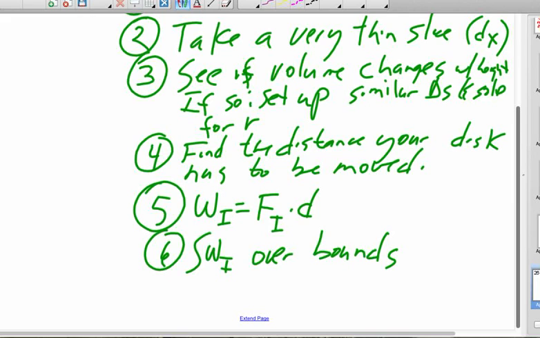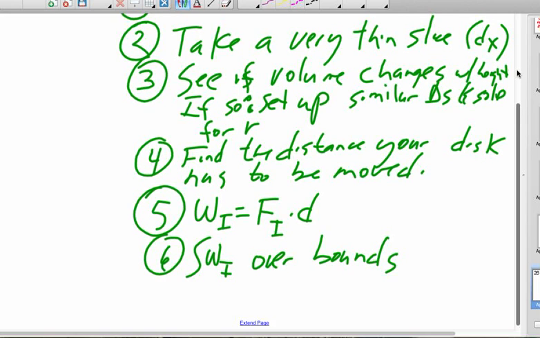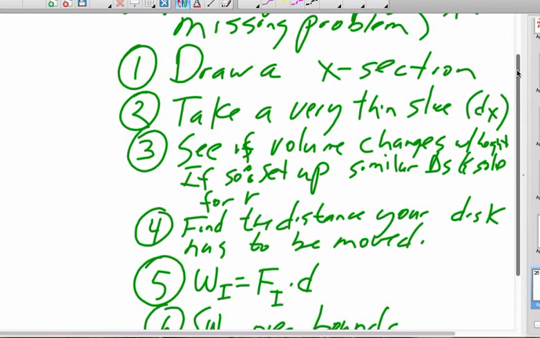Okay? So be sure you go through all of these. I can almost guarantee you right now, you guys are going to want to skip this one. This is a pain in the rear. It's a bunch of geometry, and you're going to want to skip one.